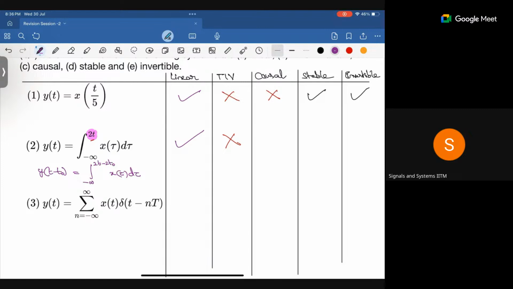Whereas, if you delay the input and then send it to the system, the output would result in this fashion.